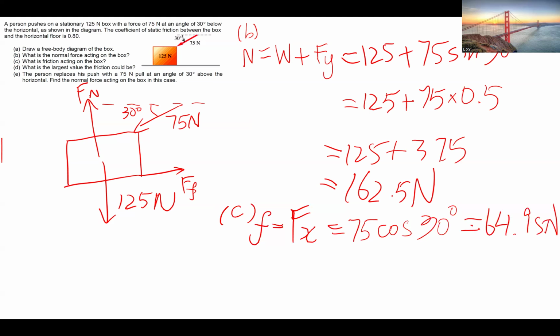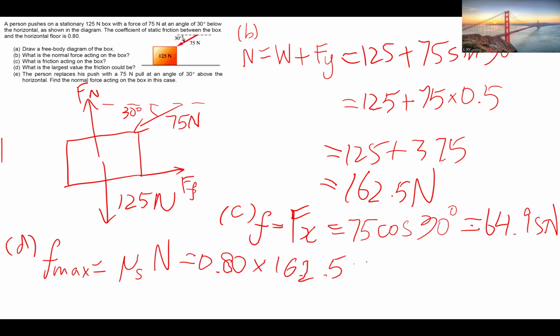That's our answer for C. And then for D, what is the largest value of friction? We use the coefficient of friction to solve it. Maximum friction, we call it Fmax, is equal to the coefficient of static friction times our normal force that we calculated just now, which equals 130 Newton.